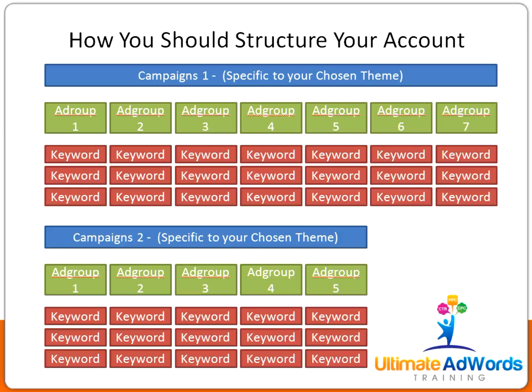By doing it in this way, you're going to want ideally 2 ads per ad group for split testing reasons. We'll go on to that in a minute. But you can see by looking at this structure that you're going to have very tightly themed ad groups within your themed campaign.